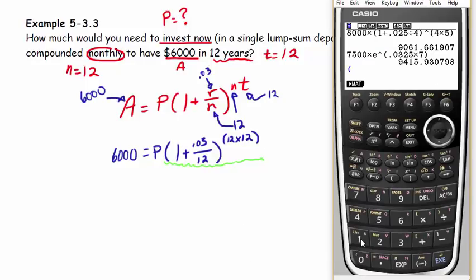I'm going to have 1 plus 0.03 divided by 12 raised to the power, in parentheses, 12 times 12. That number is 1.433.